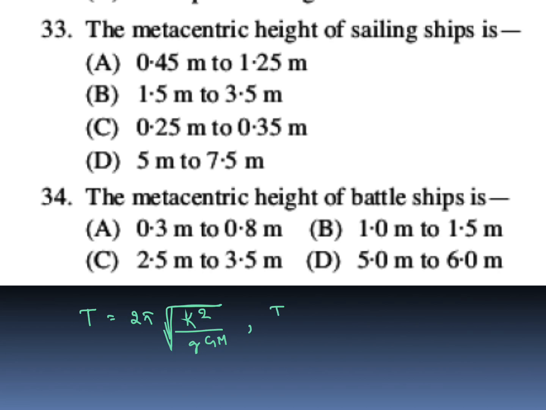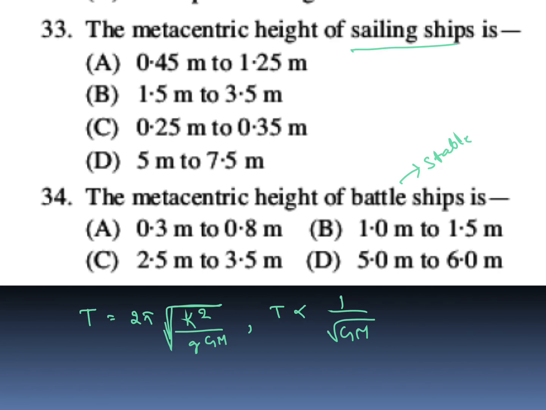For ships, two conditions are important: comfort condition and stability condition. In battleships, stability is the priority. It should be stable, and in case of a sailing ship, comfort is the priority.